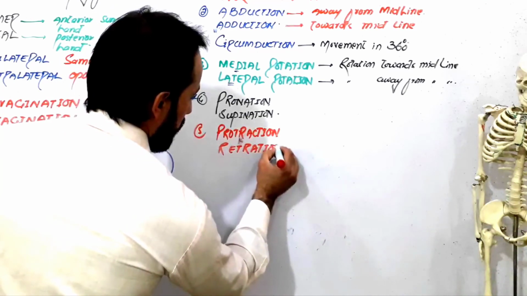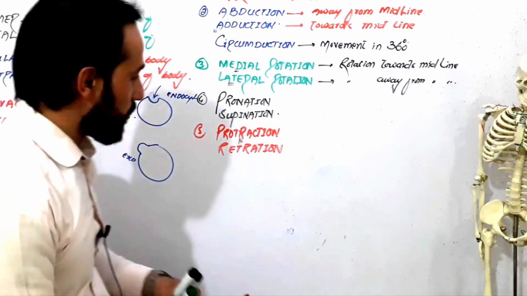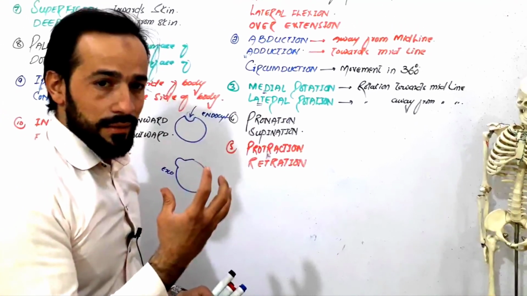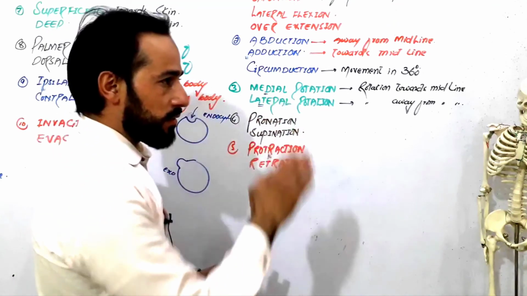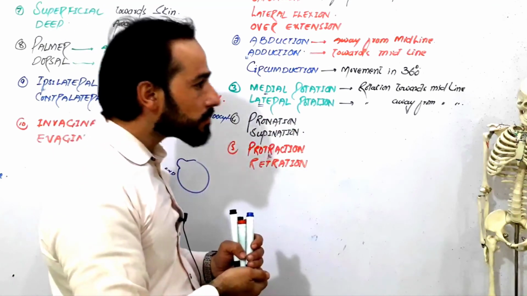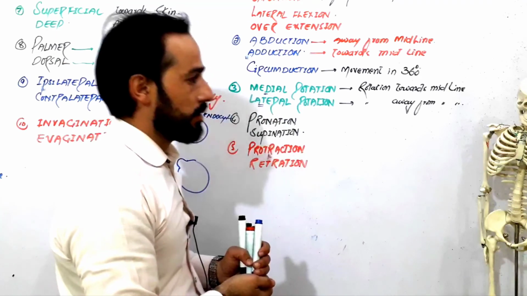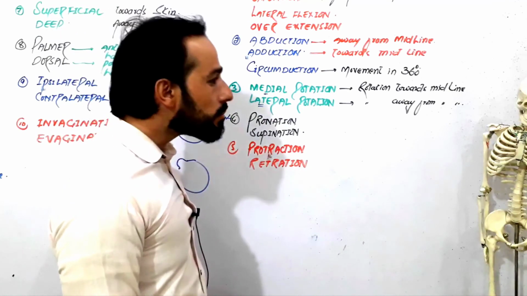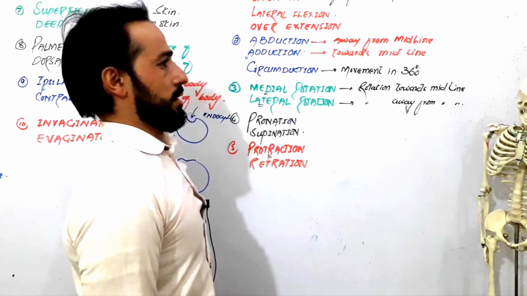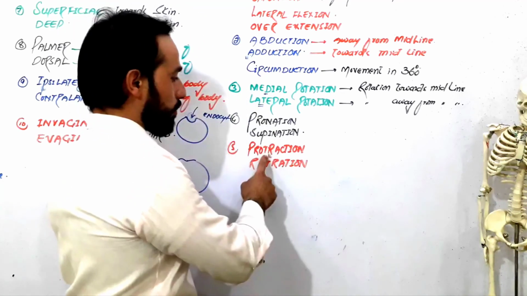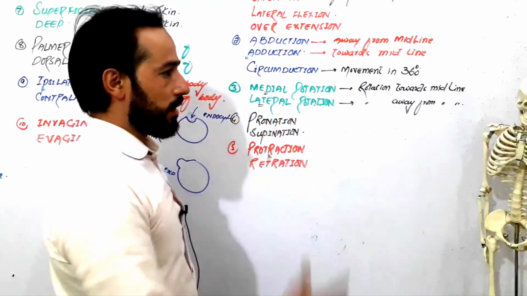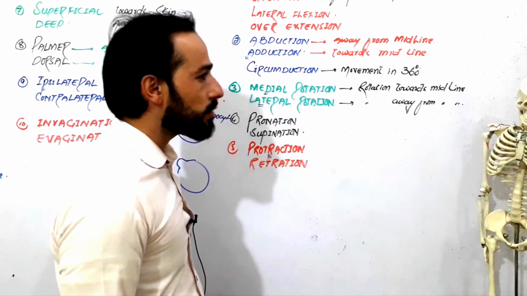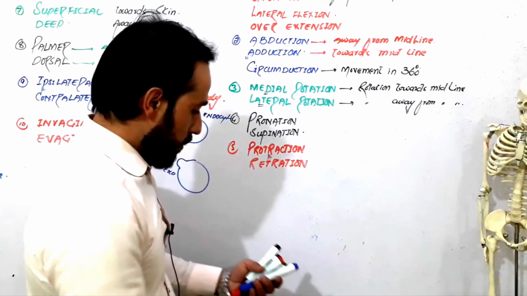So protraction and retraction are the movements of your neck, right? Look carefully. Pro means before. Protraction, retraction. You are standing in anatomical position. Protraction, retraction, right? So during protraction, your head moves anteriorly, and during retraction, your head moves posteriorly, right?